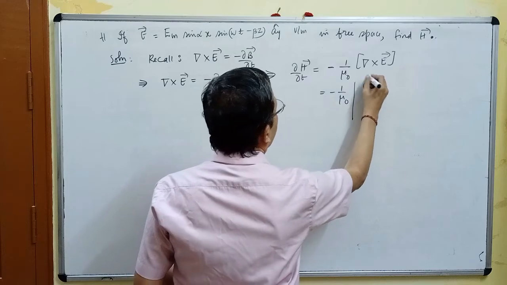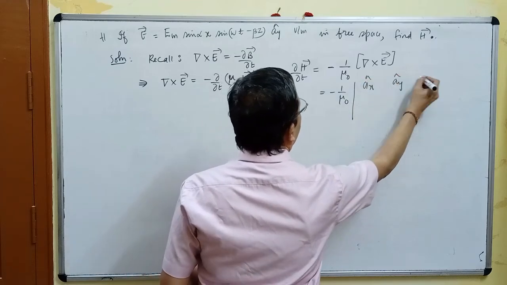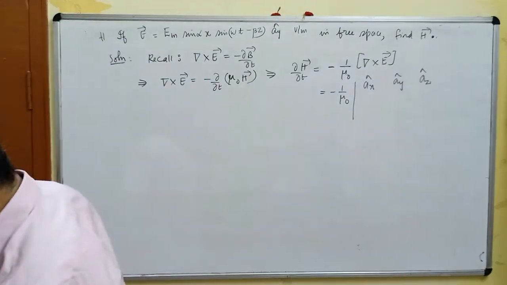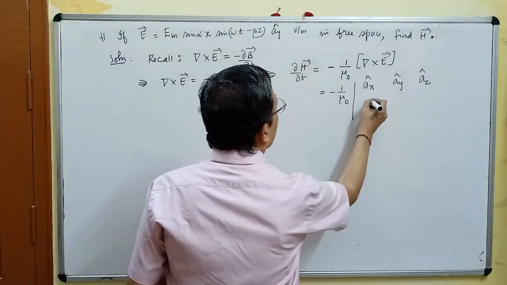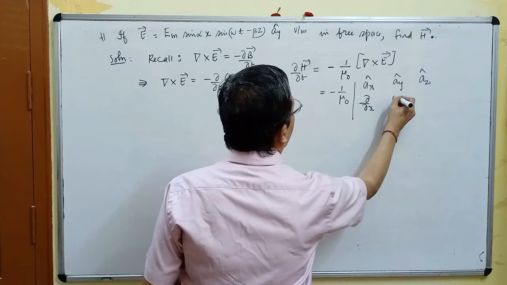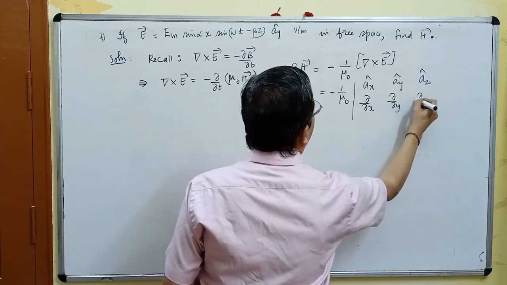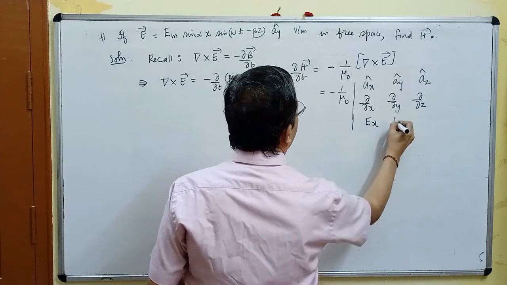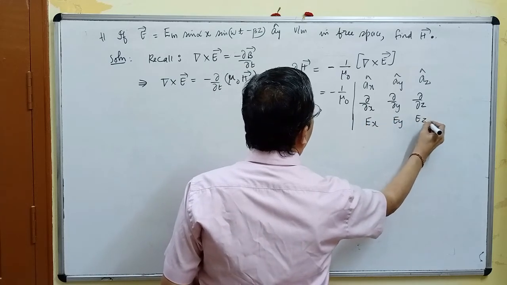It is the determinant with rows Ax cap, Ay cap, Az cap; dou by dou x, dou by dou y, dou by dou z; Ex, Ey, Ez.